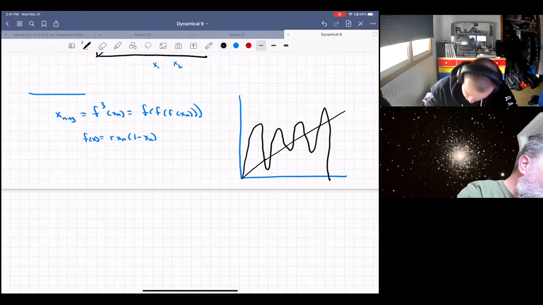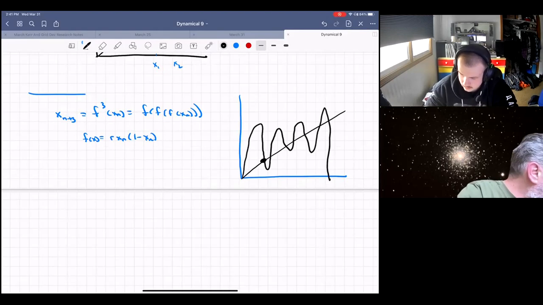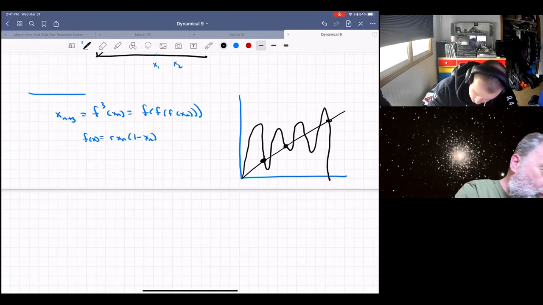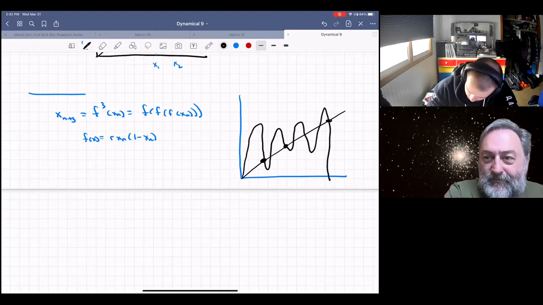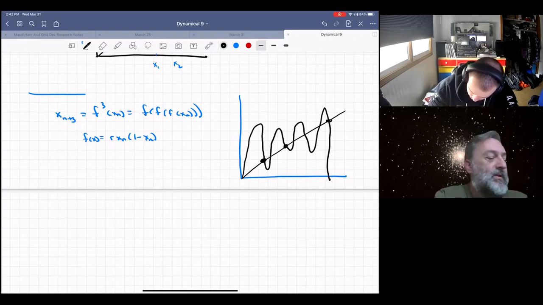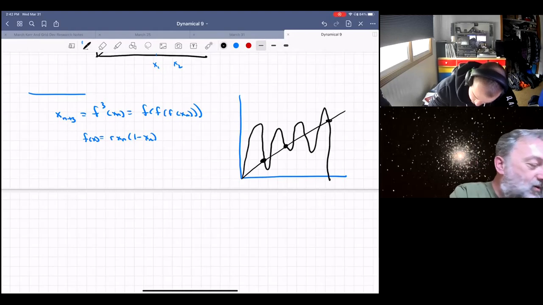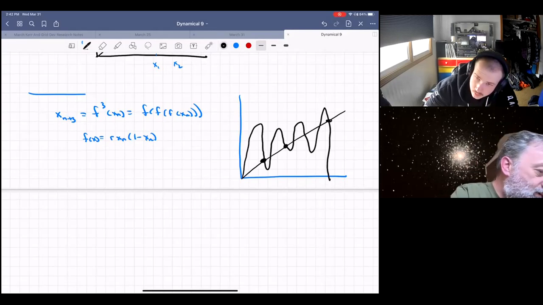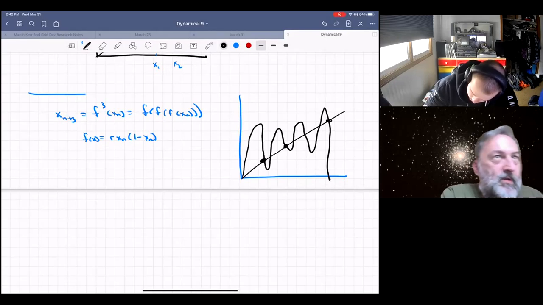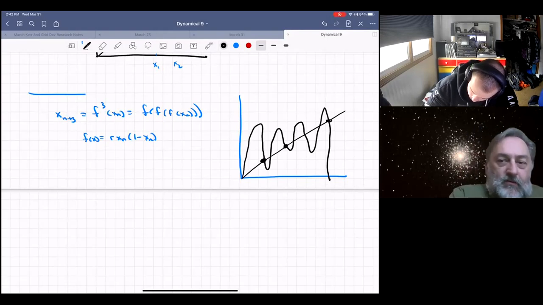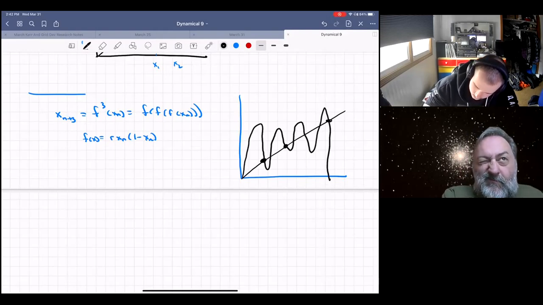And then there are 3 points on here, like this point and that point out there, that end up mapping into each other somehow. Or actually, another way to look at it is that those 3 points are fixed points of the 3 cycle. Right.